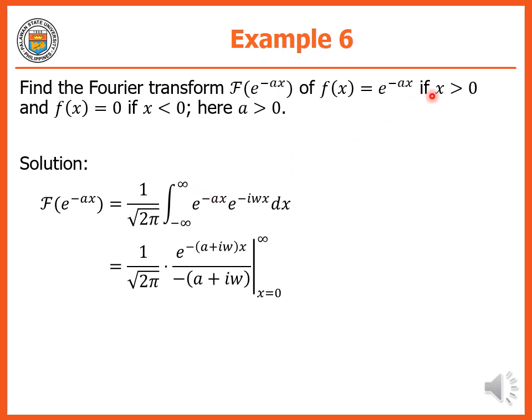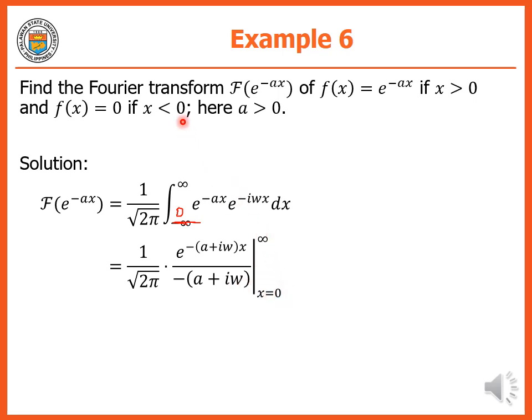And then since we have f of x for x greater than 0, the limits must be corrected. The lower limit must be 0 since x is greater than 0. So we now have 1 over square root of 2 pi times e raised to negative the quantity a plus i w times x, divided by the negative quantity a plus i w, with limits from 0 to infinity.